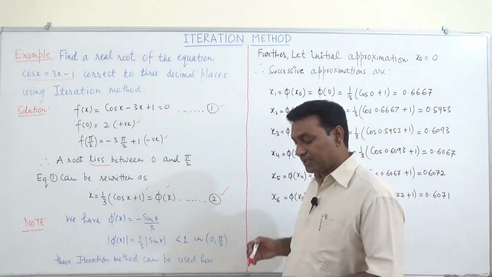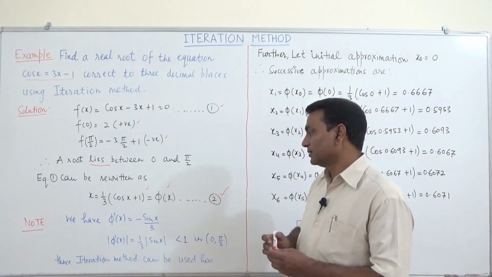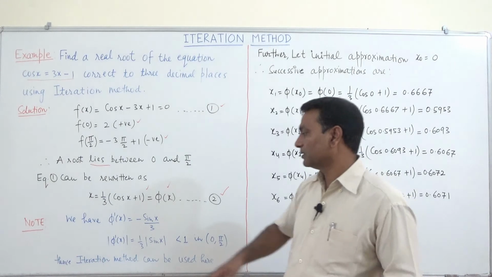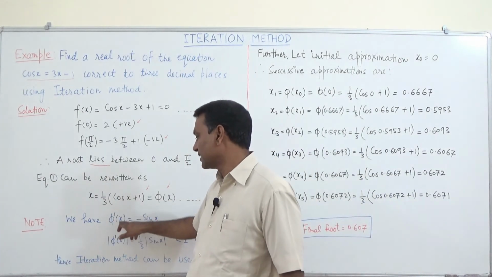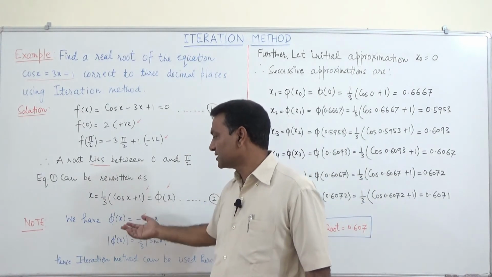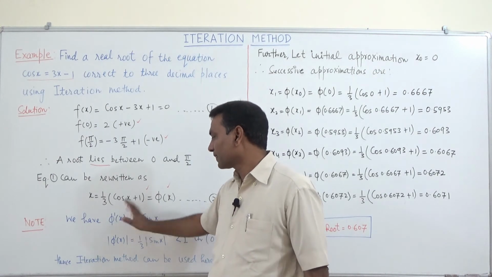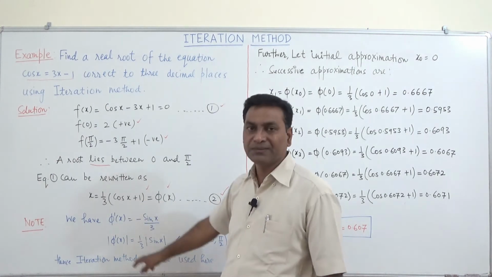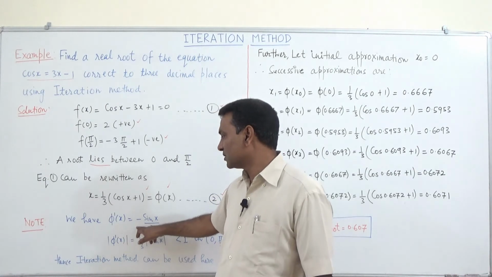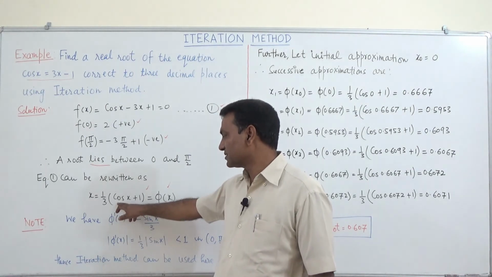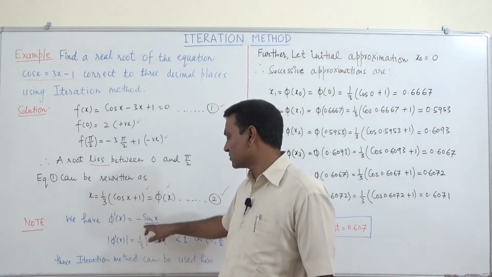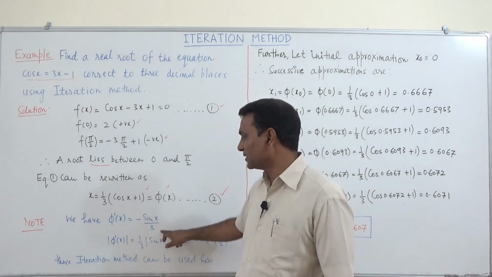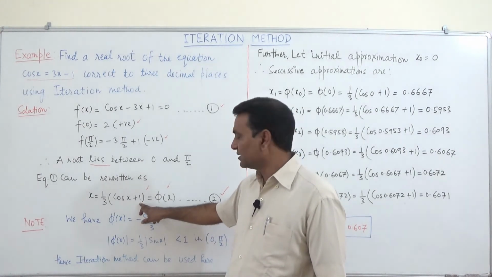Now it is to be noted here that we find phi dash x, which means we differentiate it with respect to x. Differentiation of cos x gives minus sin x, and the constant term gives 0.